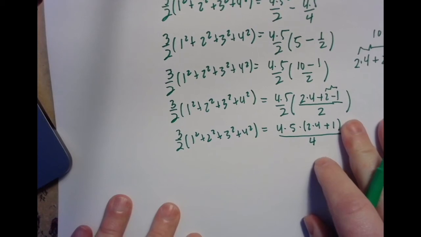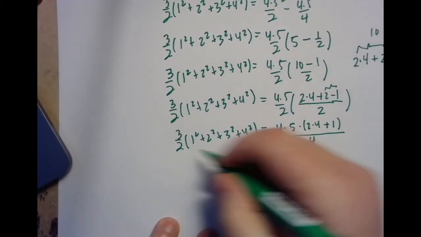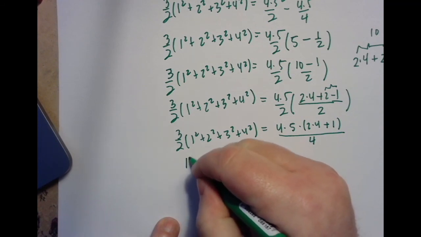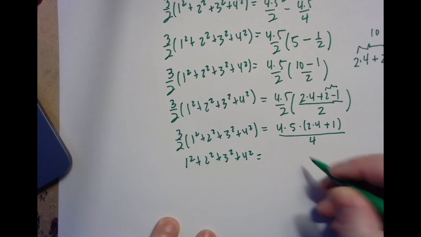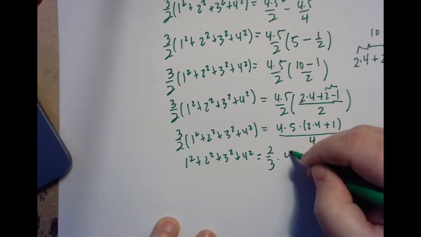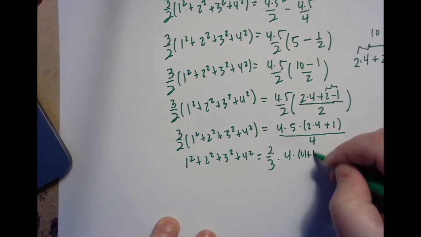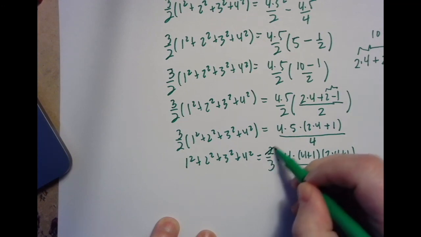So if I rewrote it, let's rewrite the 5 so it looks like it has a 4 in it, because everything's about 4s, and then multiply the 2/3 over. So if I get 1 squared plus 2 squared plus 3 squared plus 4 squared is equal to, multiply this by 2/3, and what would I have? 4 times 4 plus 1 times 2 times 4 plus 1 all over 4.